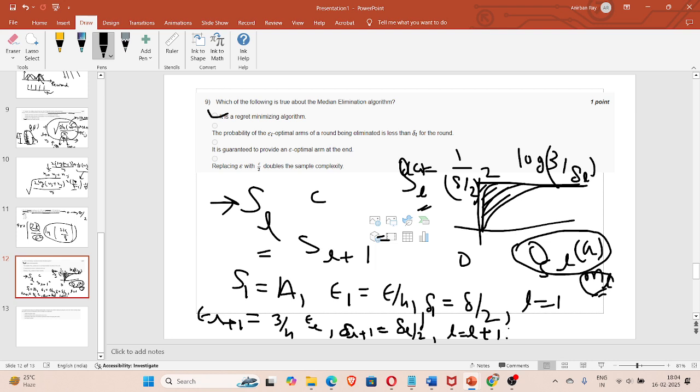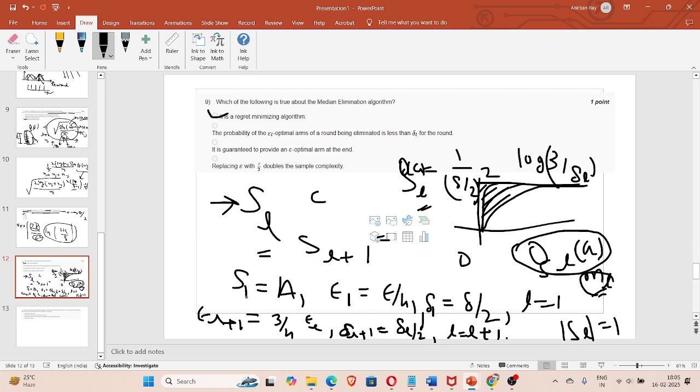This is the algorithm. So we repeat until the cardinality of S_L, the mod brackets, becomes equal to 1.